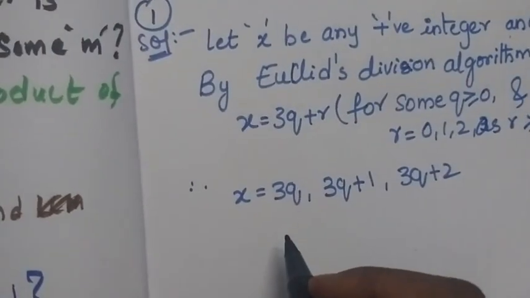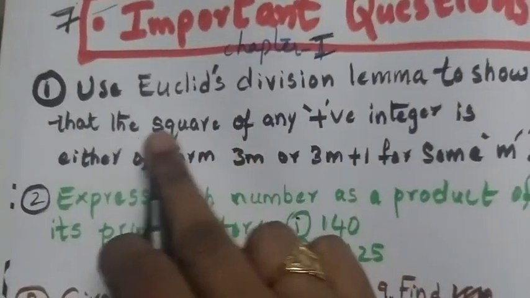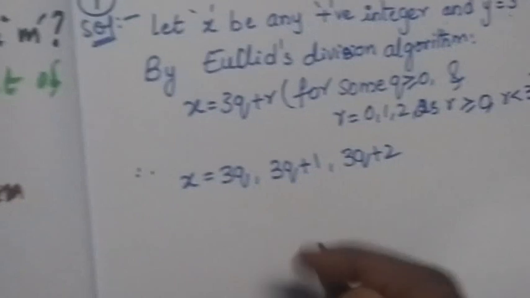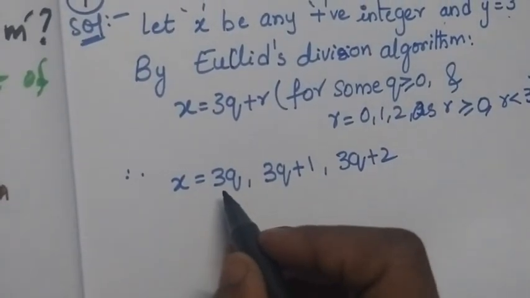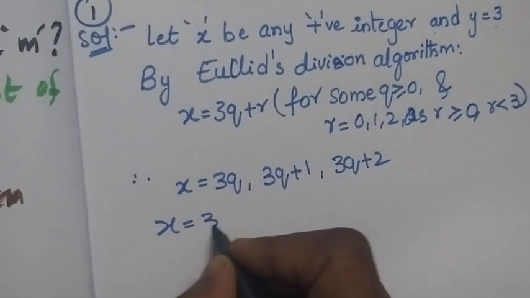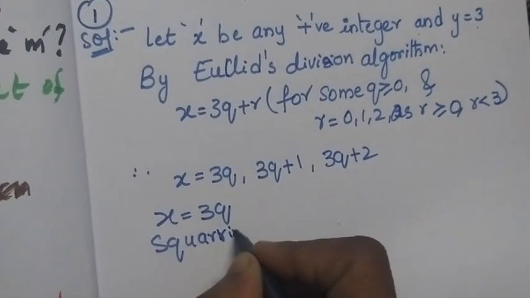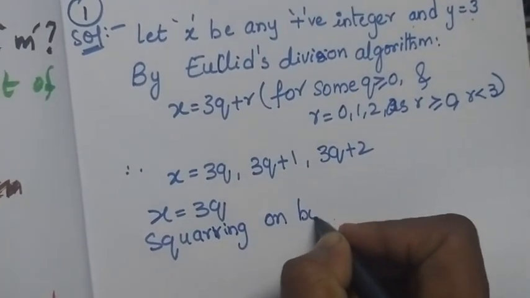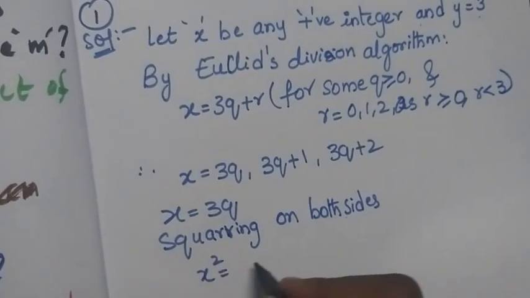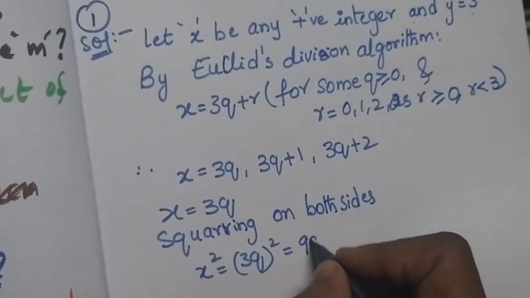Now as per the given question, we take the square on both sides, because what we have to show here is the square of any positive integer. So we take them one by one, squaring on both sides. First I am taking x equal to 3q. Squaring on both sides, x square equals 3q whole square, that is 9q square.